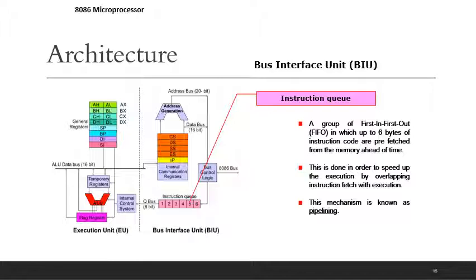Whenever the queue of the bus interface unit is not full, it has room for at least 2 more bytes, and at the same time the execution unit is not requesting it to read or write operands from memory. The bus interface unit is then free to look ahead in the program by prefetching the next sequential instructions. These prefetched instructions are held in its first in first out queue.